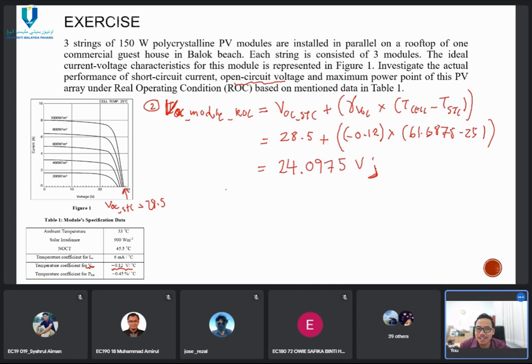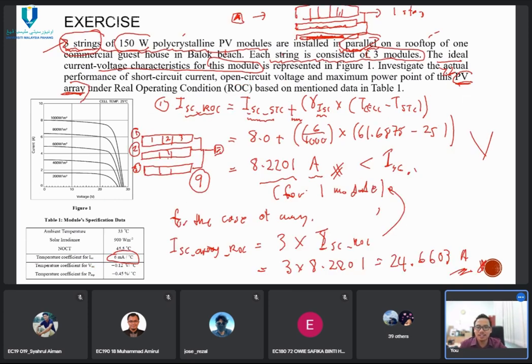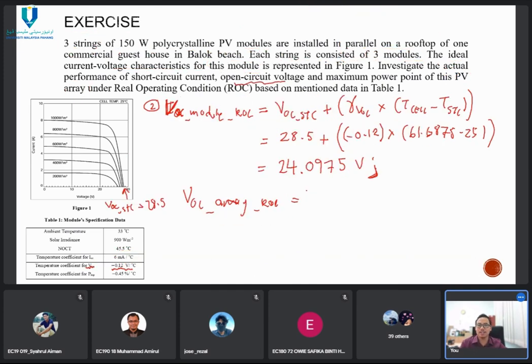So next apa? What's the next step? We need to finish it. VOC array. So nak buat macam mana? Macam mana? Sekejap.